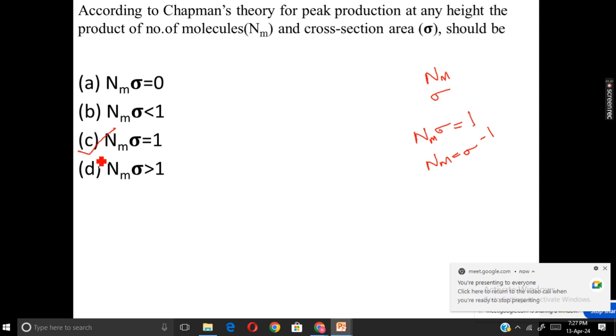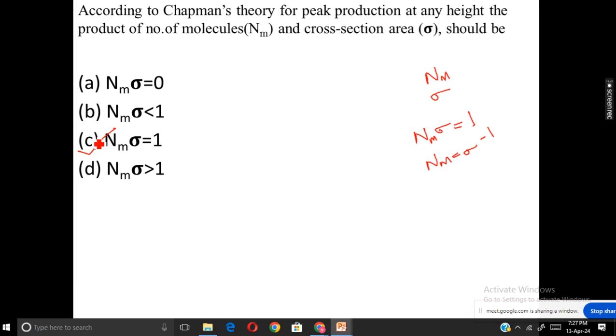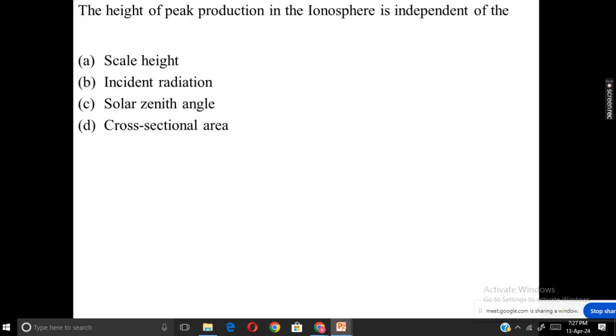Whatever molecules or atoms are present in that layer, all will be activated. So sigma of all the atoms or molecules will be activated at the peak production height. So that's why Nm sigma will be equal to 1.